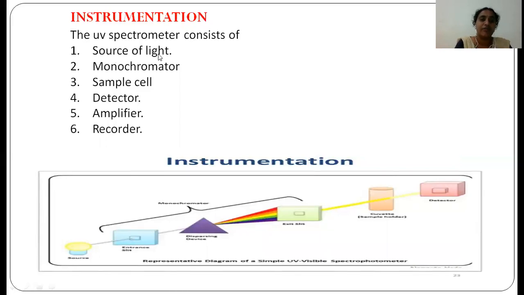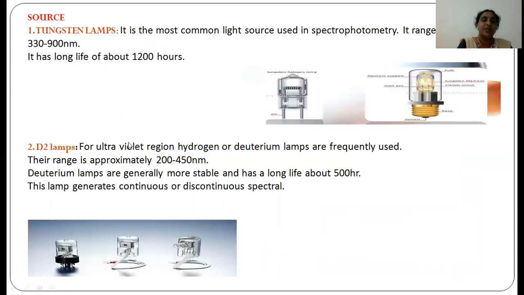Those are source of light, monochromator, sample cell, detector, amplifier, and recorder. Here, the first part is the source of light. Generally, in the UV spectrophotometer, tungsten filament lamp and deuterium lamps are used as a source.